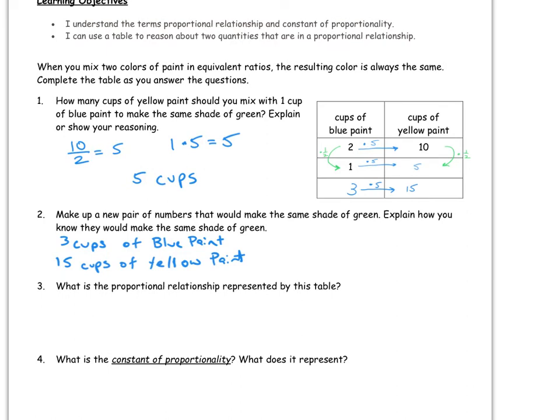Now it asked us to explain our reasoning, to explain how we know that they would make the same shade of green.